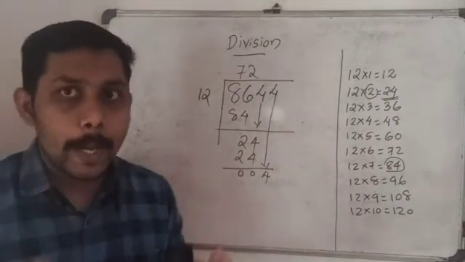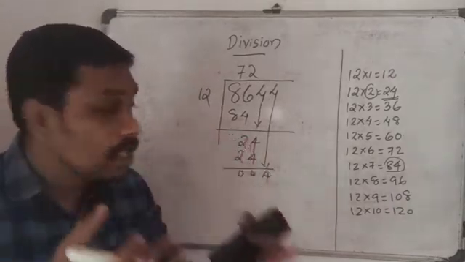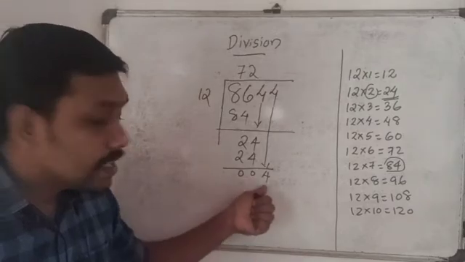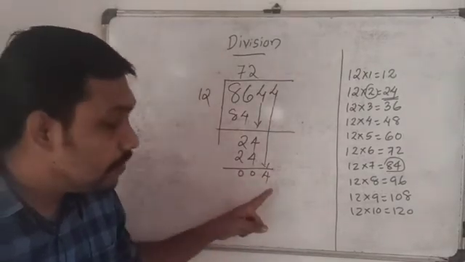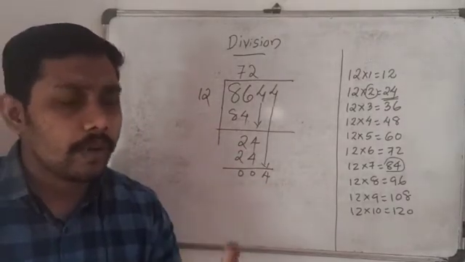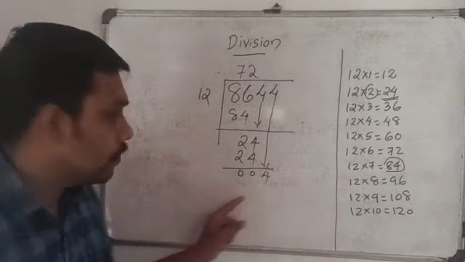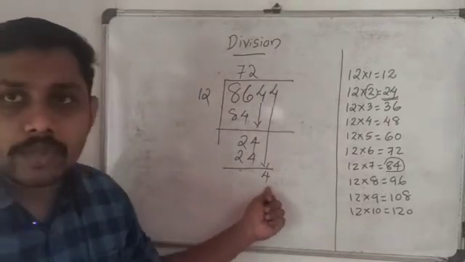If we bring a digit down as a dividend and it is less than the divisor in any step, listen carefully. The dividend here is 4, so the number becomes 4.